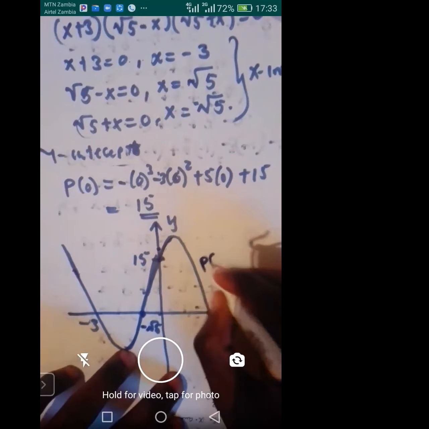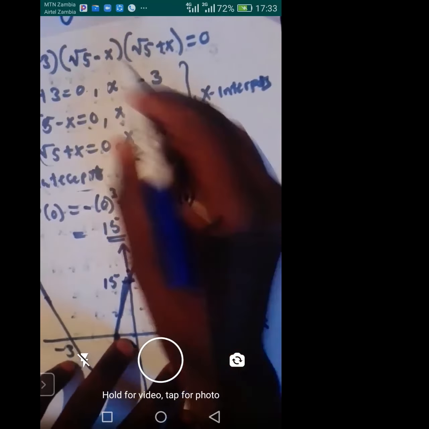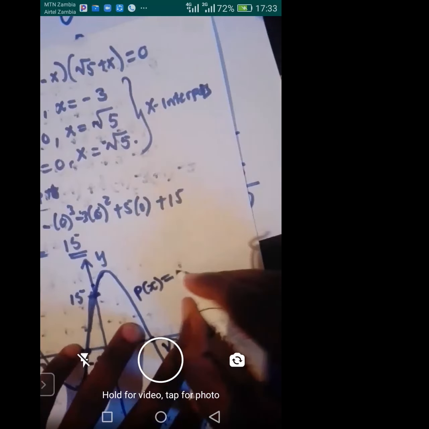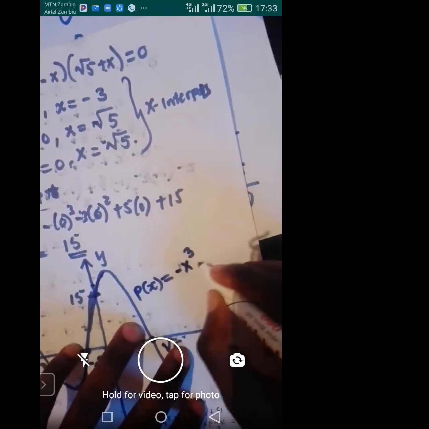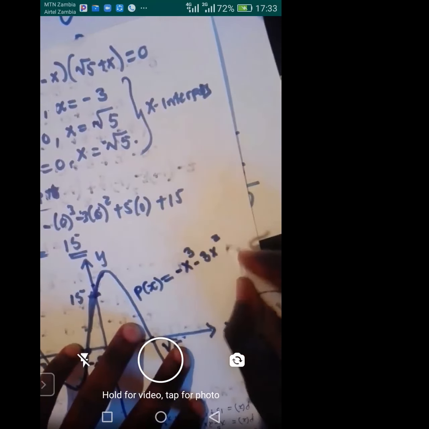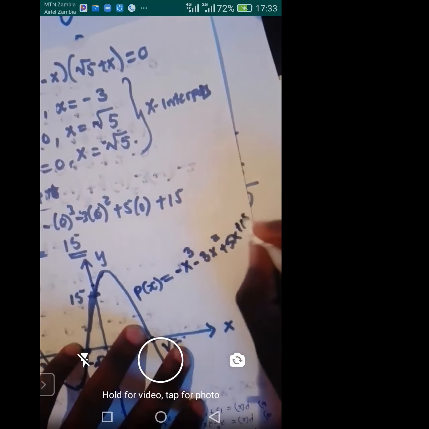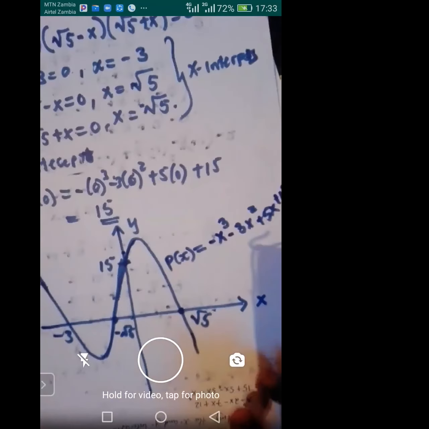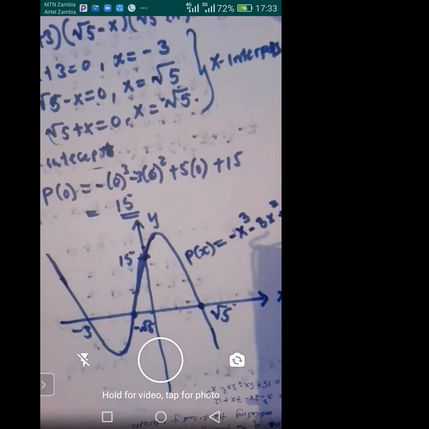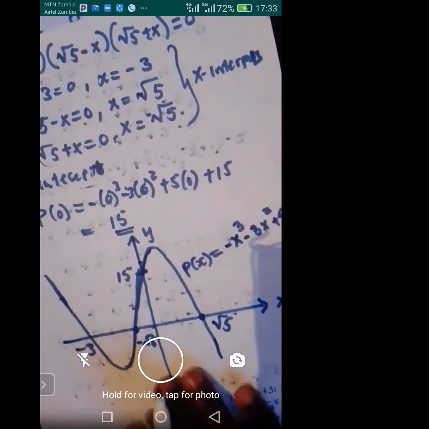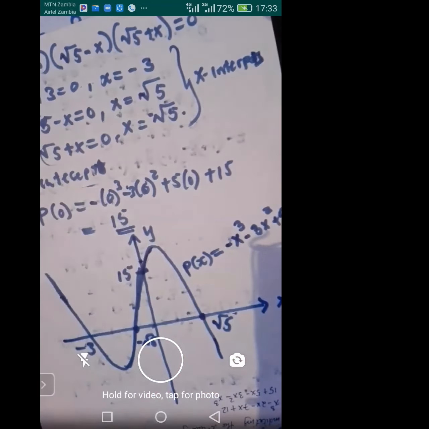You can even say p of x is equal to minus x to the power 3 minus 3x squared plus 5x plus 15. So that is how the graph is going to look. You are going to observe when you do the other example, the graph might be a bit different from this one here.